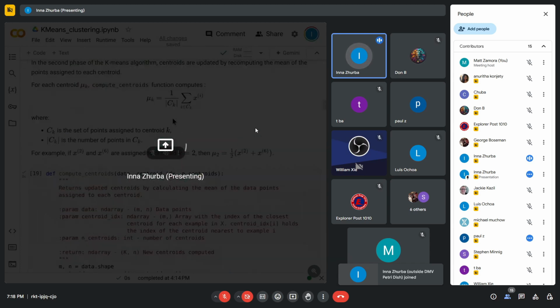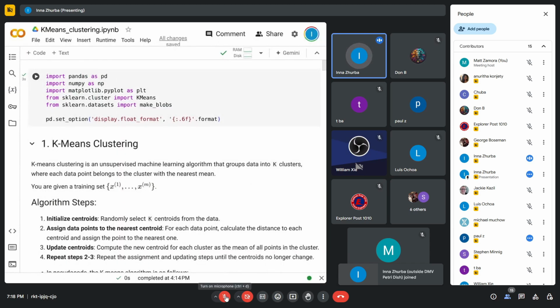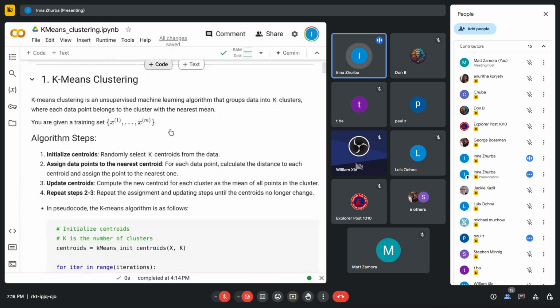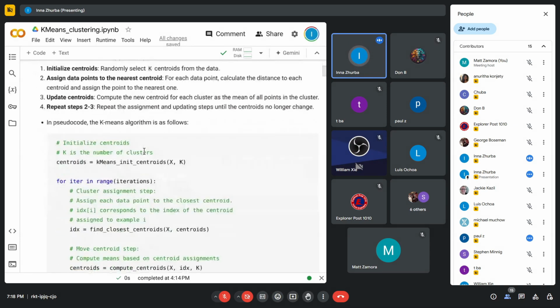All right. Hopefully, you can see the k-means clustering Google Colab. We talked about the algorithm in general, and it summarizes the three main steps: initializing centroids, assigning the data points to the nearest centroids, and updating the centroids based on that.